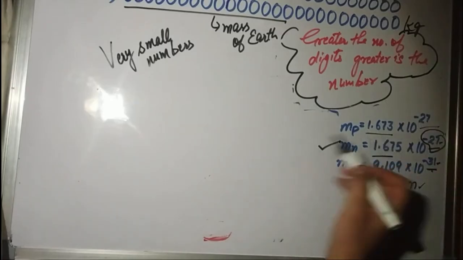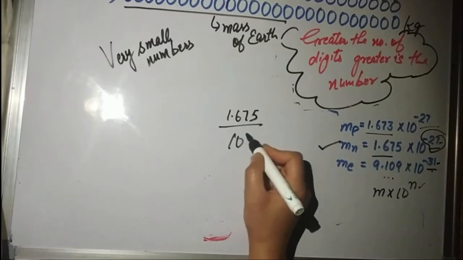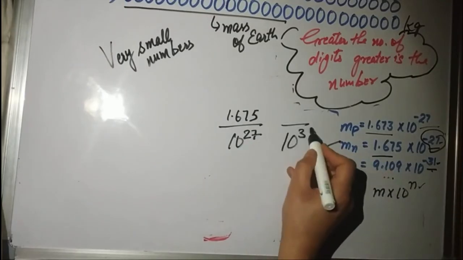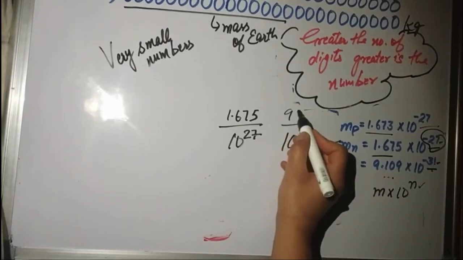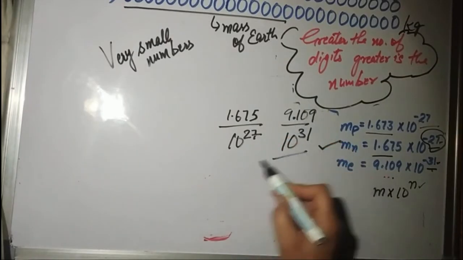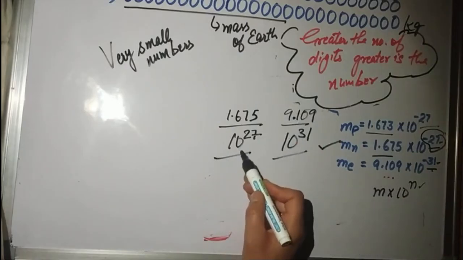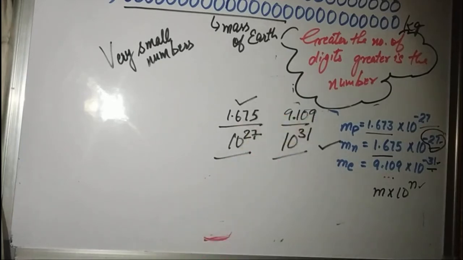Okay, so because they are basically of this format, this is 10 raised to power minus 31 and this is 10 raised to power minus 27.